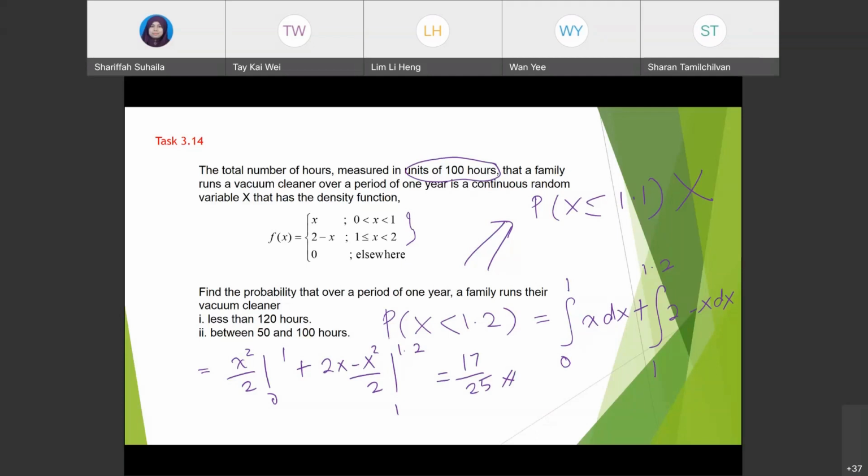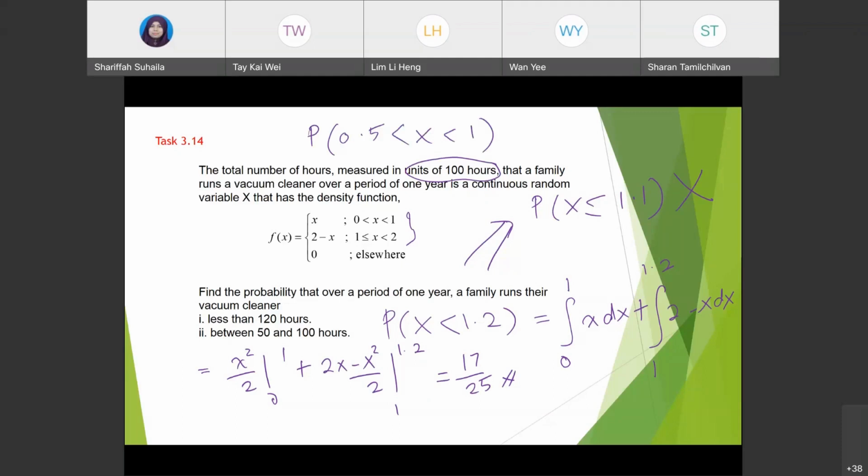So you want to find between 50 and 100 hours. Again, change by dividing by 100: 50 divided by 100 and 100 divided by 100. So the probability is between 0.5 and 1, that is 0.5 less than x less than 1.